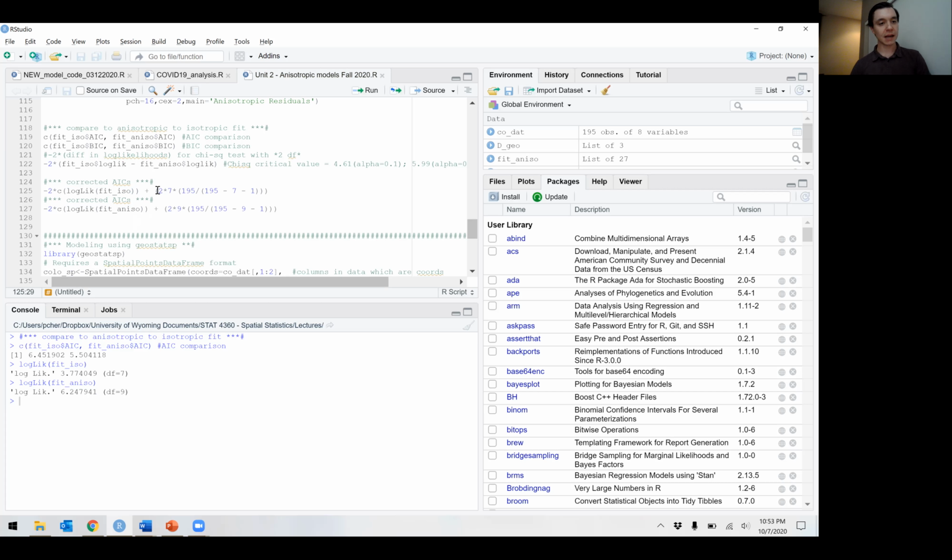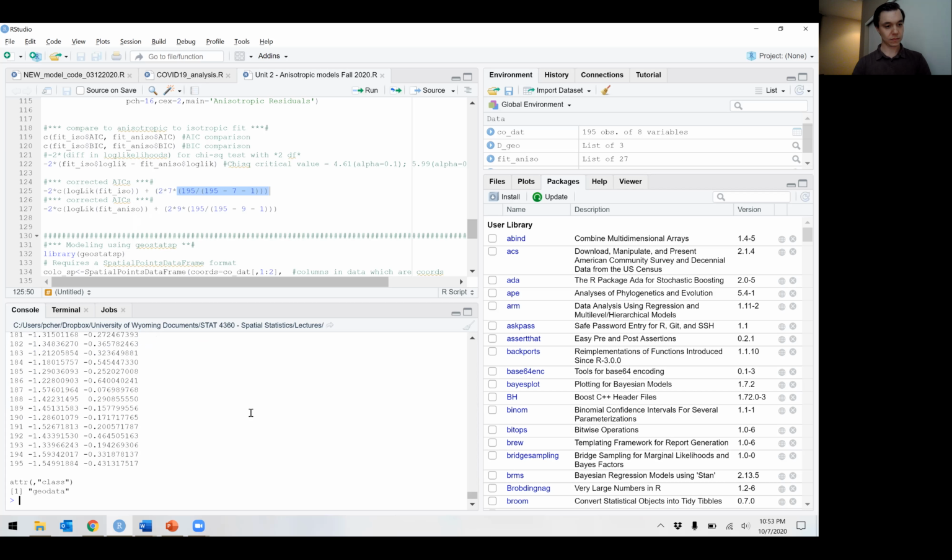So now I'm adding this term, right? Here is 2 times the number of parameters, 2 times the number of parameters. And here is my correction term. 195 is the number of observations that I have.